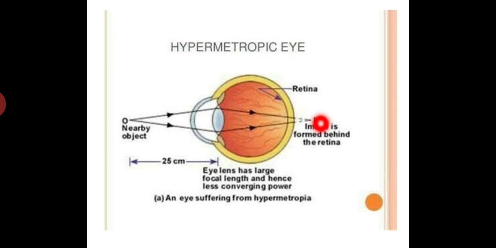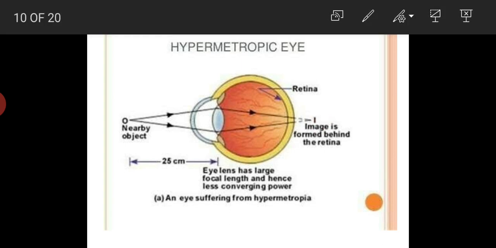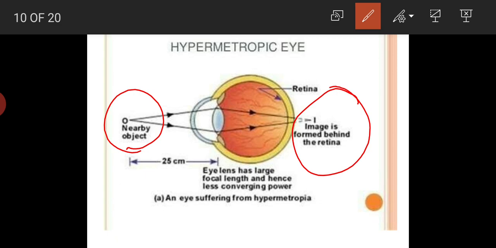In this image you can see, if a person is seeing a nearby object, then the image of this object will form beyond the retina and it will not be transmitted to the brain properly, and the brain cannot process the information properly, and hence he cannot see the object clearly.